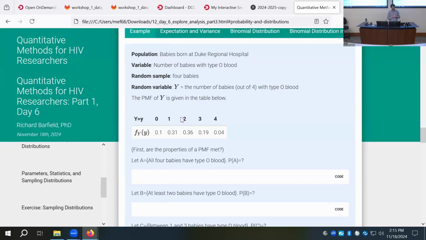So it's 0.04, right? There's a 4% probability that all 4 babies have type O.